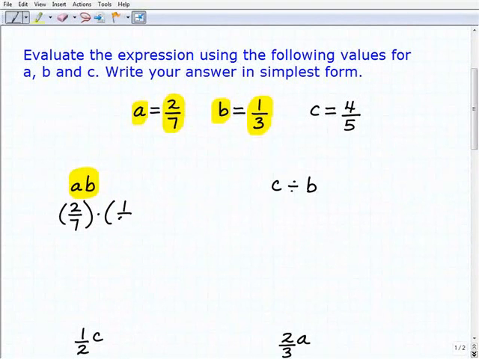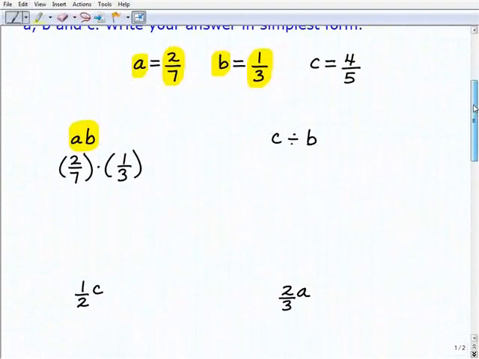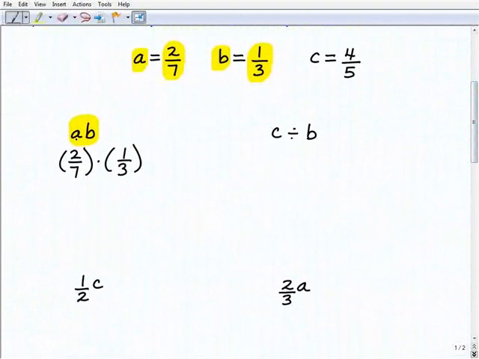Now notice I'm using parentheses. When you're evaluating in algebra and in mathematics, anytime you're evaluating a value for a variable, you always want to get in the habit of using parentheses, at least initially, and then from there you can kind of drop the parentheses. But A times B, given these particular values, means 2/7 times 1/3.